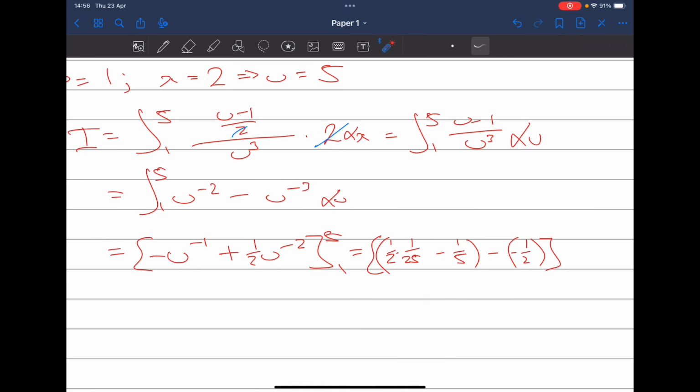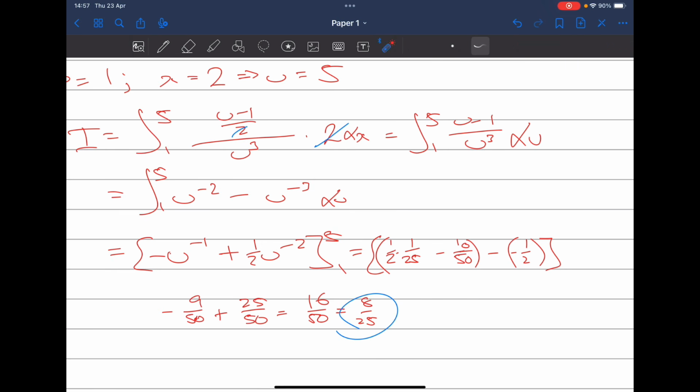Doing this then, we've got 1/50th, and that's 1 over 5. Let's change that 1 over 5 to 10/50ths. So 1/50th take away 10/50ths is negative 9 over 50. Plus a half, which is 25 over 50. So altogether I get 16 over 50. Cancel that off, 8 over 25.